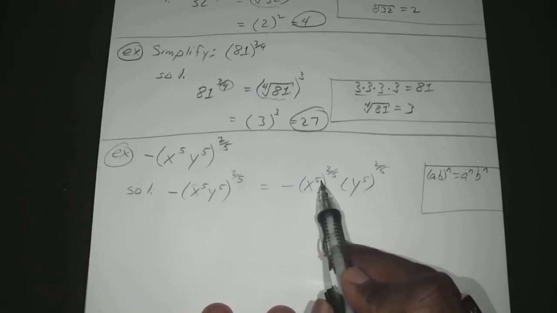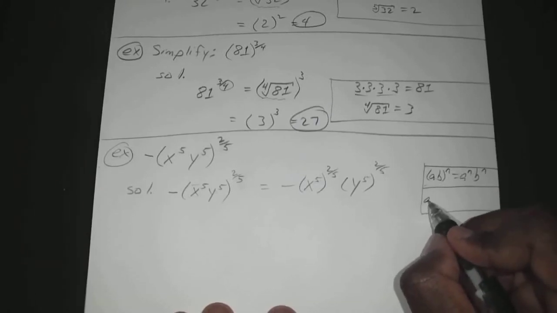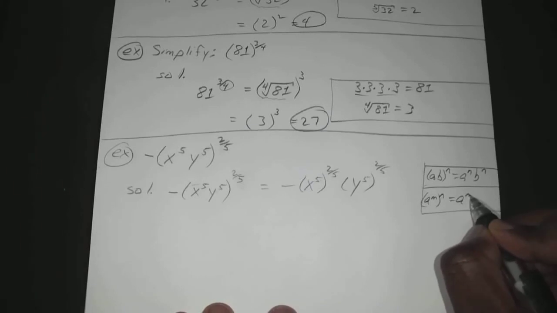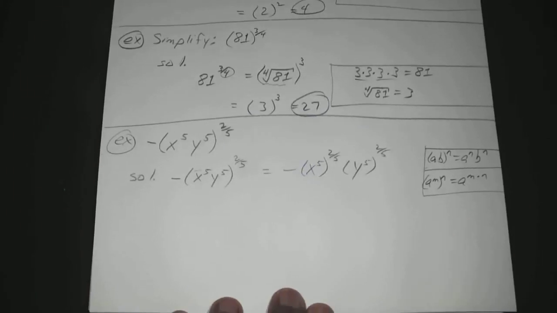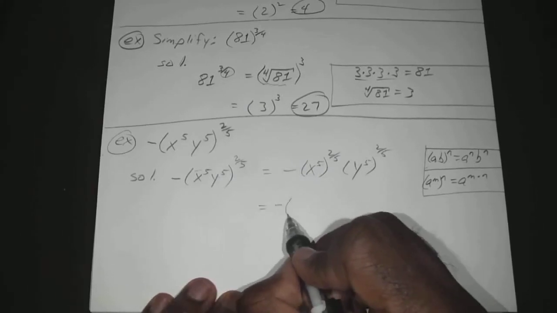Now we have an exponent and another exponent, which comes from the property a to the m, to the nth power, equals a to the m times n. So we just multiply our exponents.